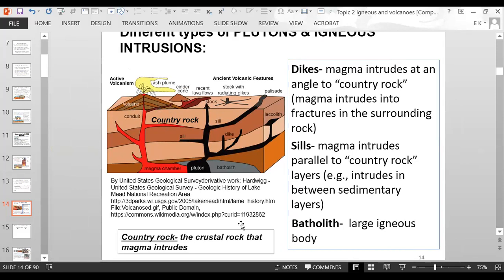I have a quick question. Yes. Can you define a laccolith? Because to me, it kind of resembles a sill. Oh, let me see. Let me get you a definition-sounding answer to that.